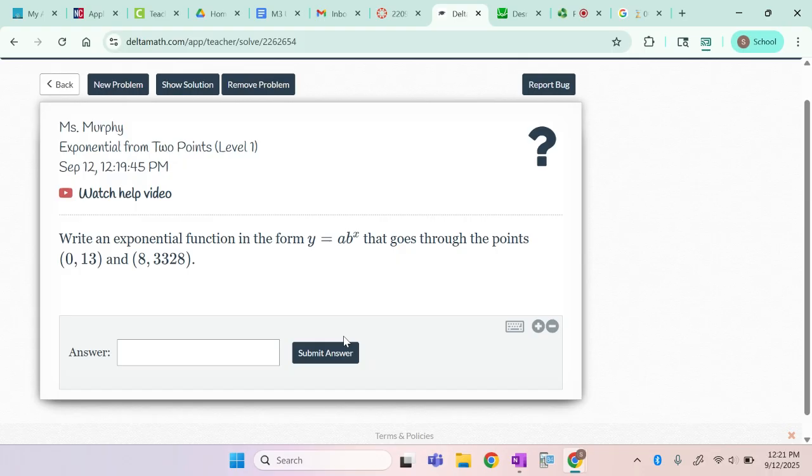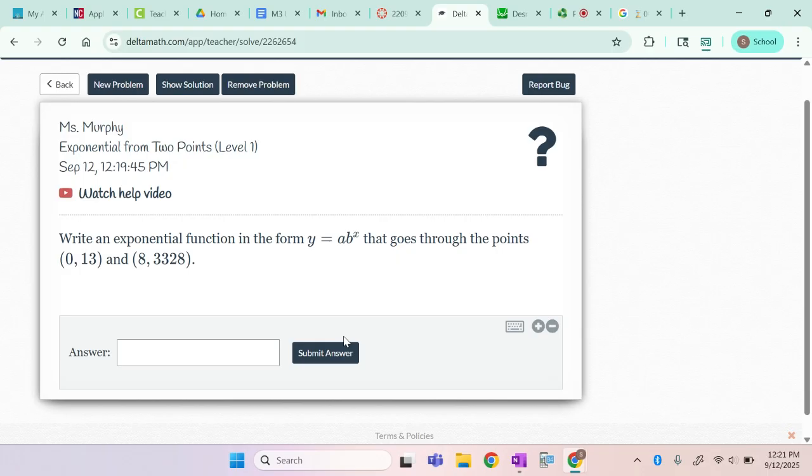Now, what did I add to get to 8? 8. So what this means is that we need to find a number that if we multiply it 8 times, it'll give us 256.